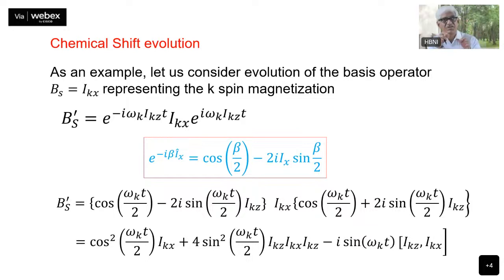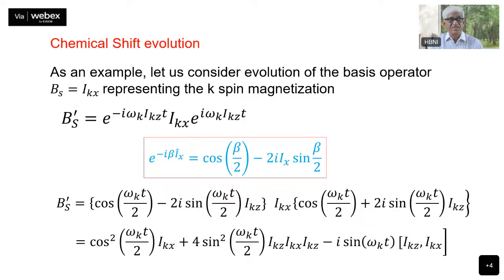Therefore, you have to consider only that particular part. If I am considering the basis operator I_kx, I should consider only the k spin part: e to the minus i omega_k I_kz t, I_kx, e to the i omega_k I_kz t. Now here is one formula which you have to use.